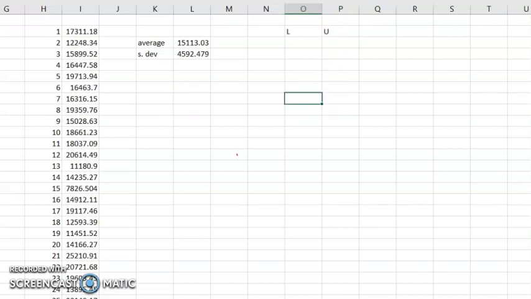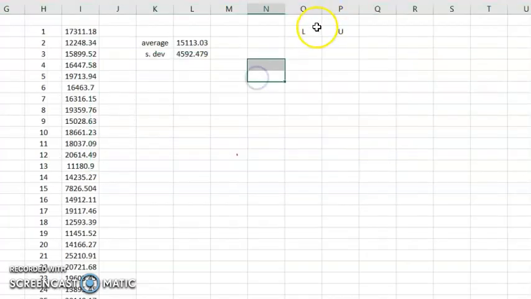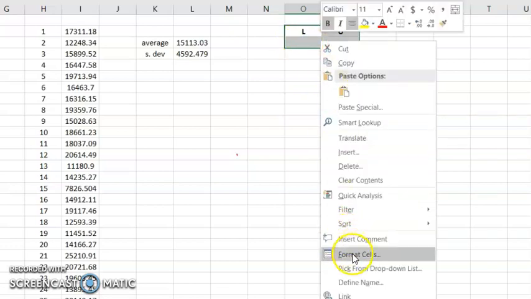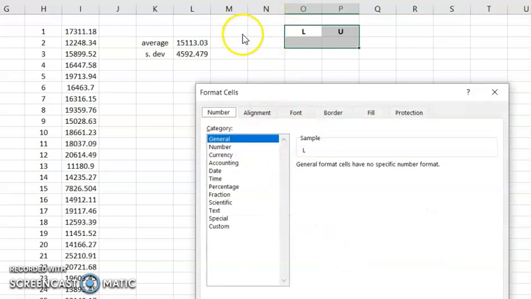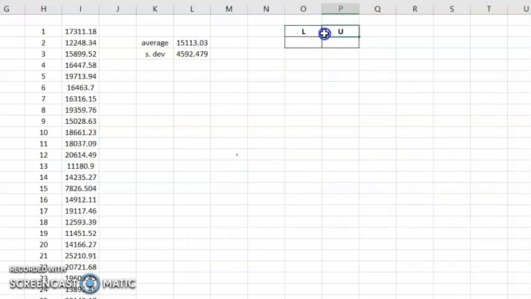Okay, so here we have these lower and upper things, and here I'm going to get the random number with that formula that we discussed.